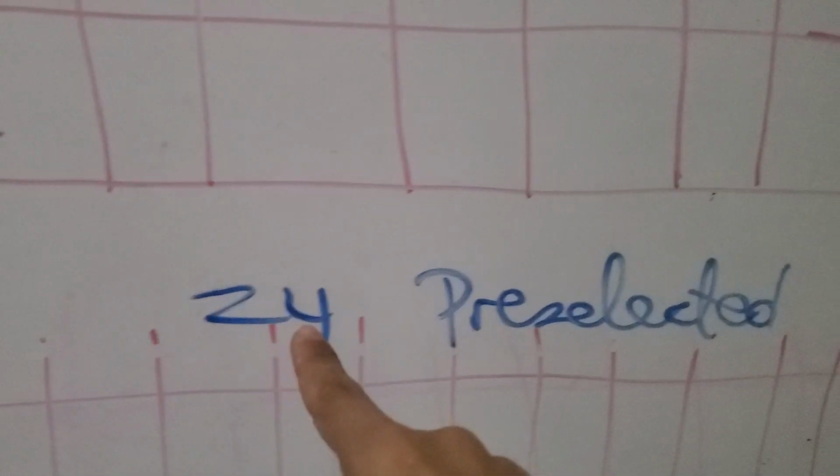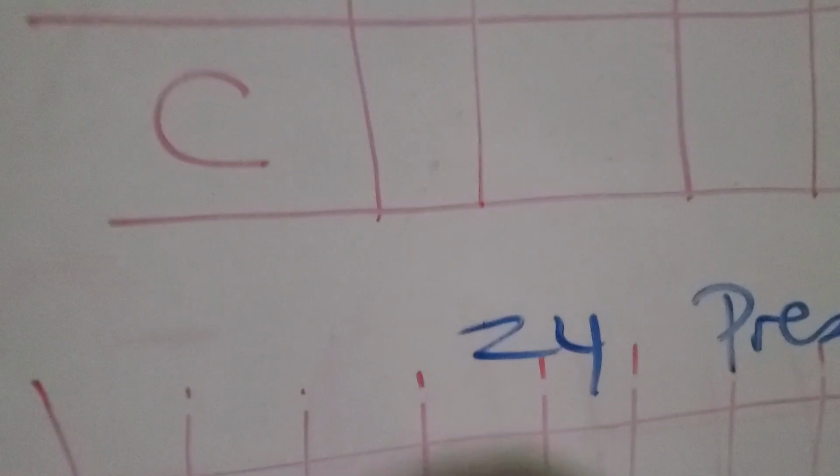Whatever numbers they are here, you put it here in this main column. So in here, you write down the 24 pre-selected numbers that you get from here.